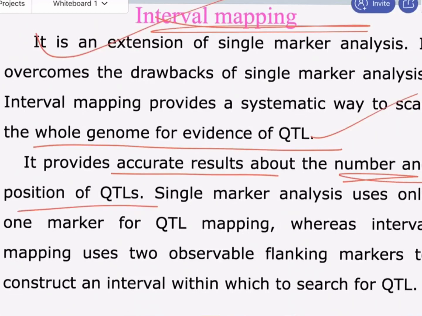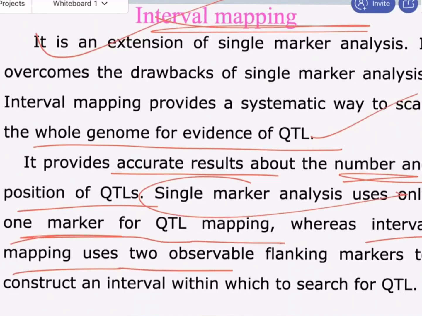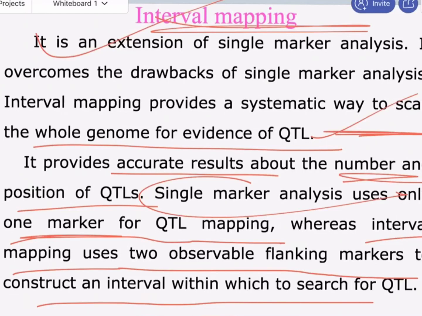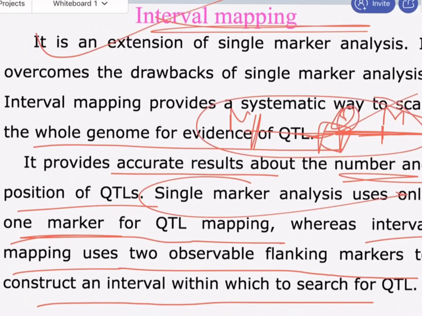Single marker analysis uses only one marker for QTL mapping, whereas interval mapping uses two observable flanking markers to construct an interval within which to search for QTL. Suppose there is a chromosome, here is a marker, and this is the QTL, and there is another marker. There is an interval. The QTL is present between two flanking markers.